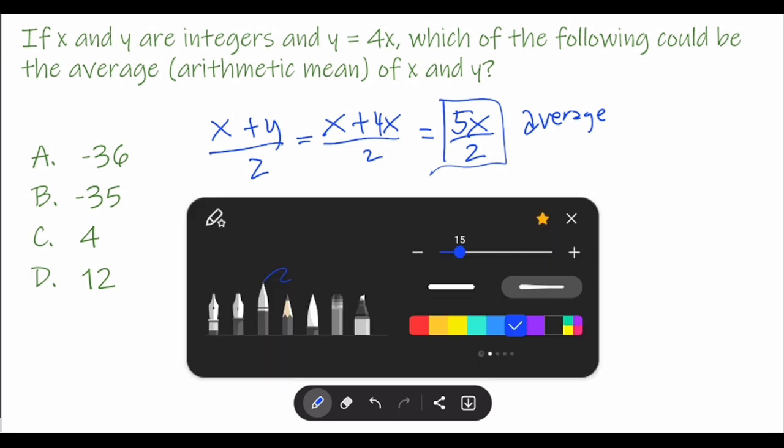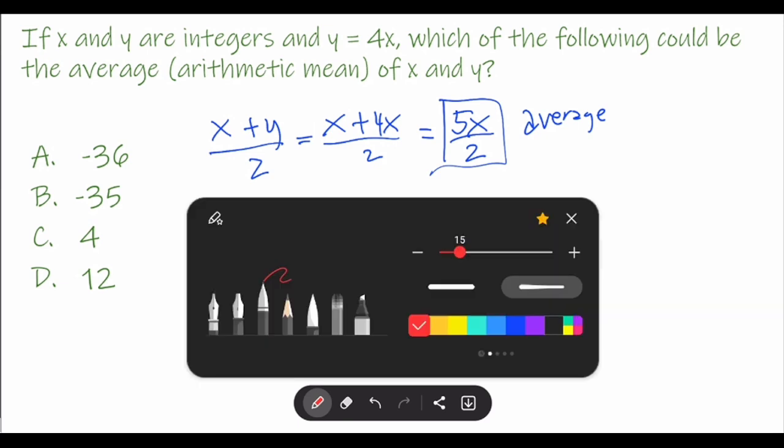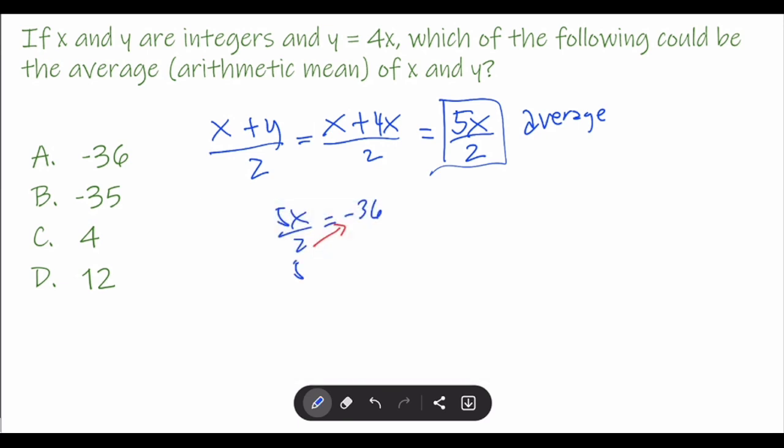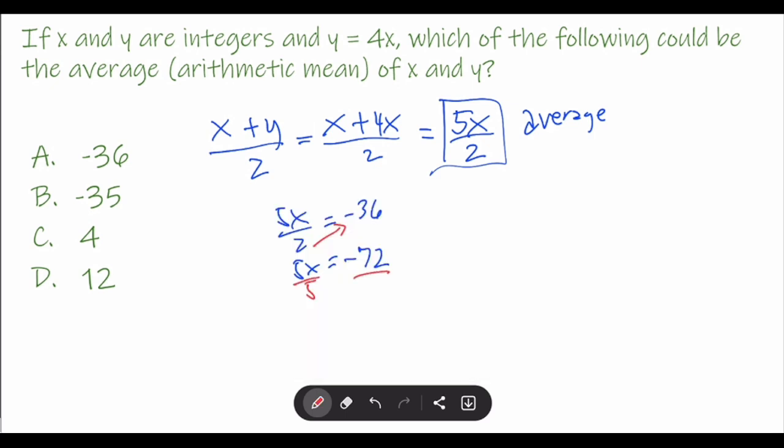Solving for x, we can cross multiply the 2 to the other side, so 5x equals negative 2 times 36, which is negative 72, and then we divide both sides by 5 so that only x is left. So x equals negative 72 divided by 5, where 72 is not divisible by 5, so this is a fraction.